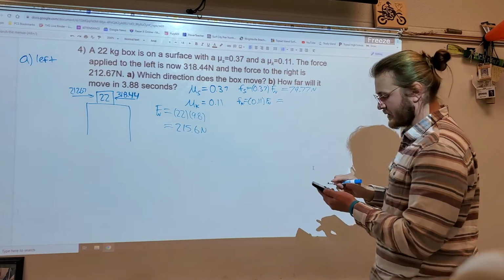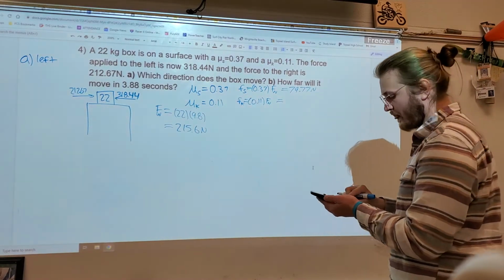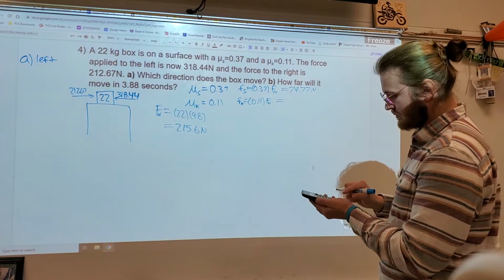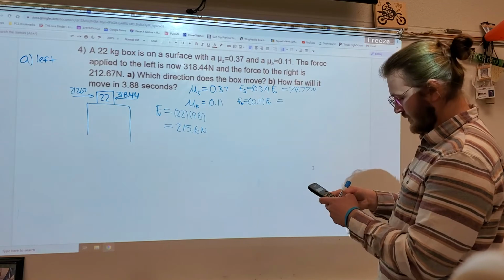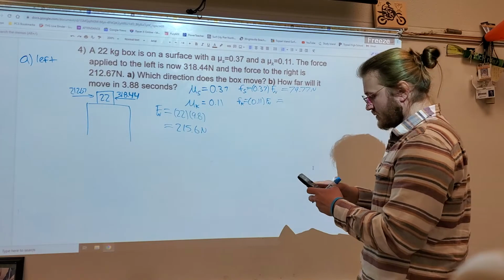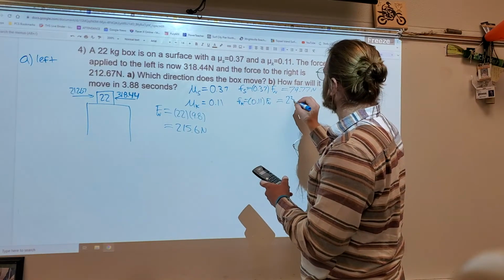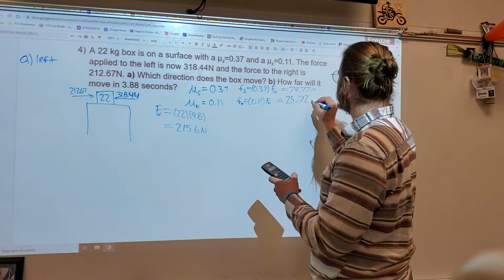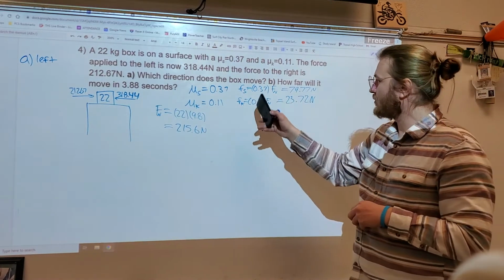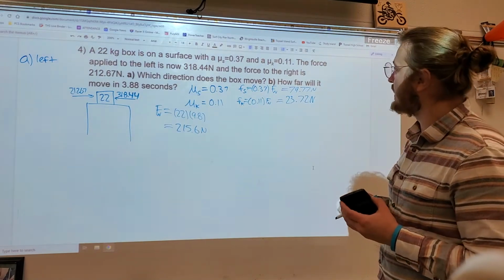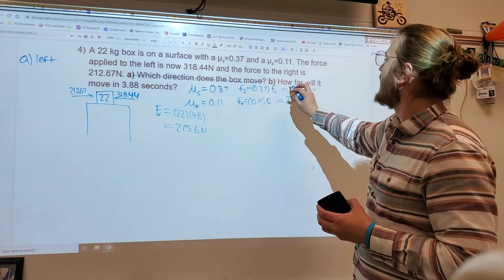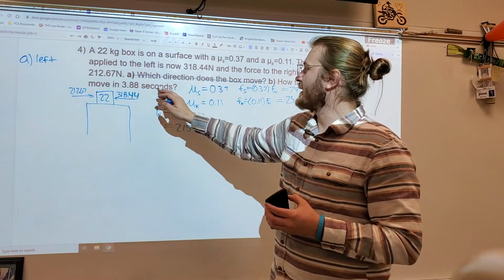And our kinetic force is equal to, hang on a second, I typed that in wrong, 23.72 newtons. So here we have two different frictional forces. Okay, good. So we don't even need to worry about letter A anymore. Let's just focus here. How far will it move in 3.88 seconds?